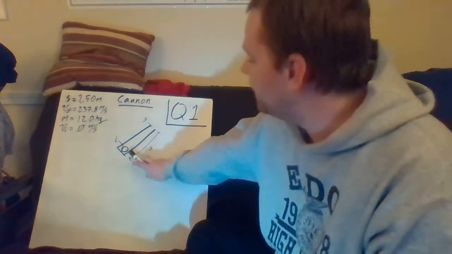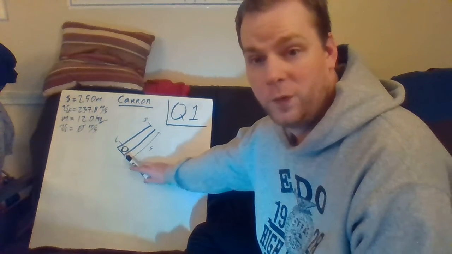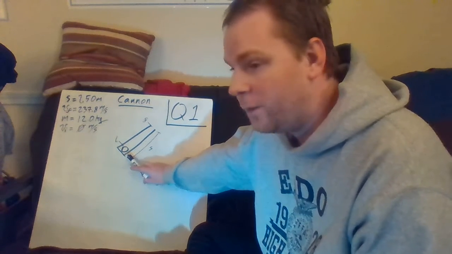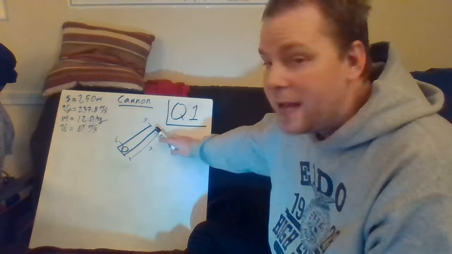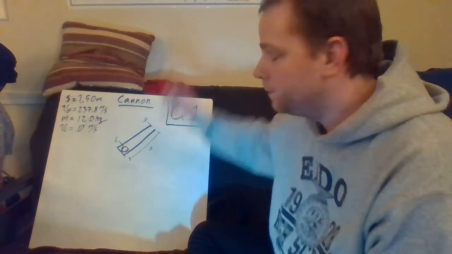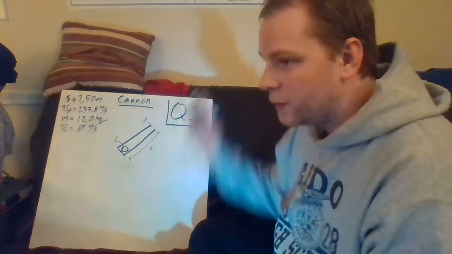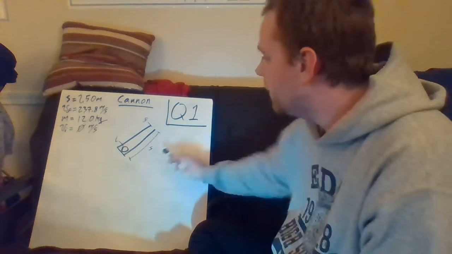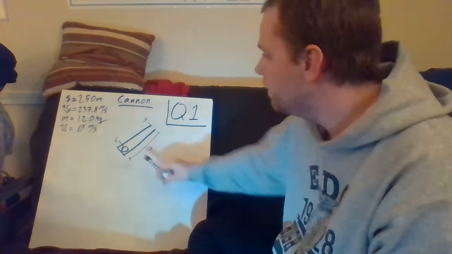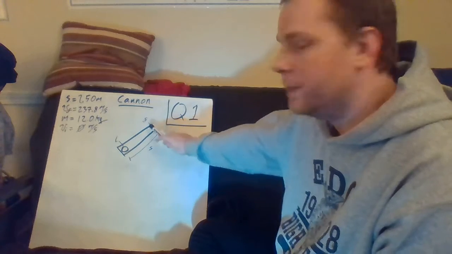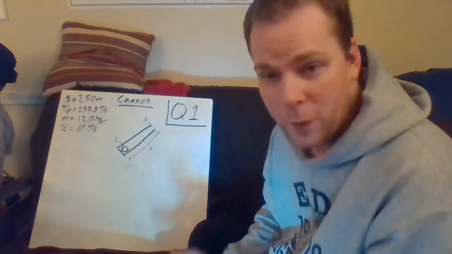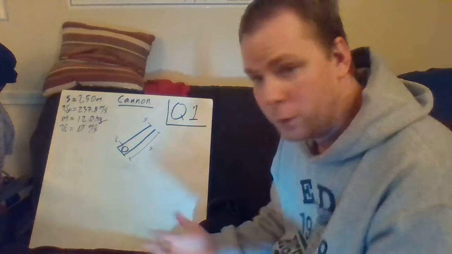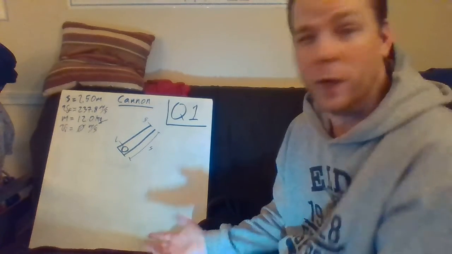Our initial position is where the ball is in the barrel before it is fired, and the final position is as it exits the barrel. So our distance traveled is the given s, the length of the barrel. The final velocity is the muzzle velocity. The initial velocity has to be 0 because until you actually light it and it goes off, the ball's not going anywhere.